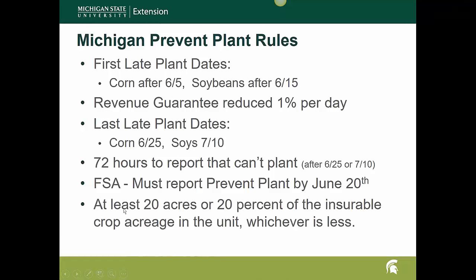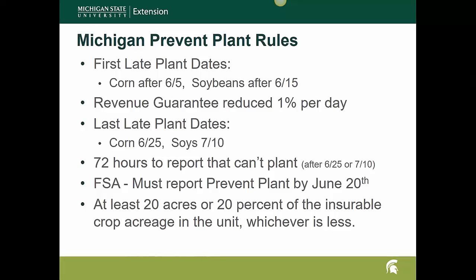This is a catch. You have to have at least 20 acres or 20% of the insurable crop acreage in a unit, whichever is less. And so this can kind of catch you, because if you're going out there and you plant part of a field and you go back and plant a little bit more, and maybe you end up with 18 acres that you don't get planted out of 200 acres in that particular crop unit, you're not going to be able to qualify on that 18 acres because it's not 20 acres.